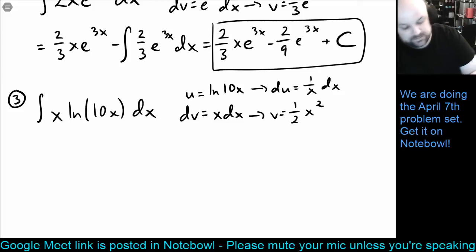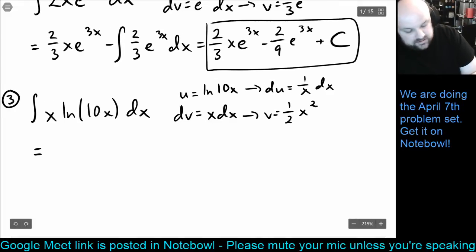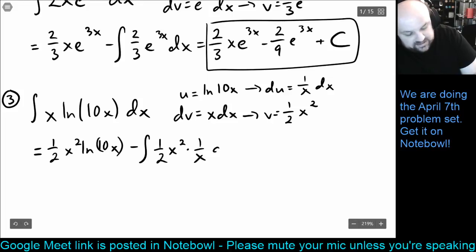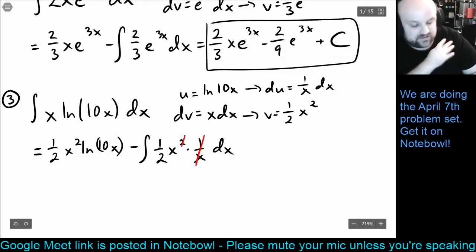Do the usual business. This is u times v, 1/2 x squared ln of 10x, minus the integral of v du, so 1/2 x squared times 1 over x dx. That 1 over x cancels with one power of x squared.